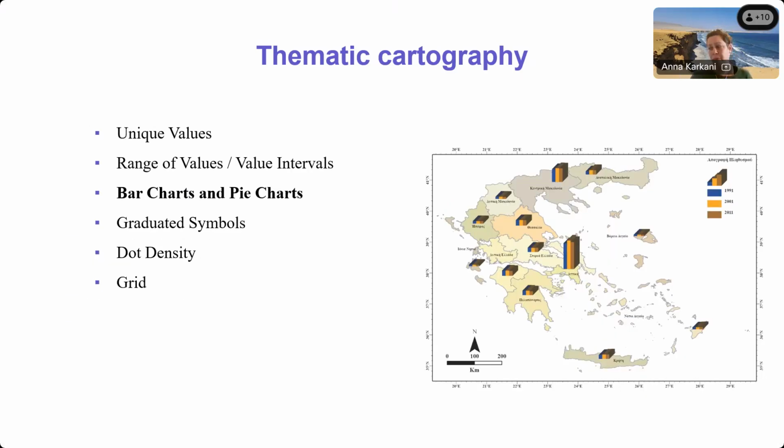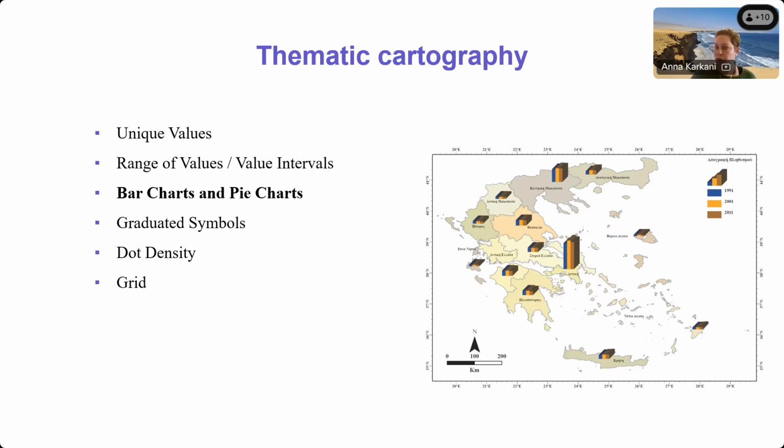And then there are other ways to represent our data through thematic mapping. One interesting one is also creating charts. So in this case, we can basically create a thematic map by using more than one variable that we have in our database.